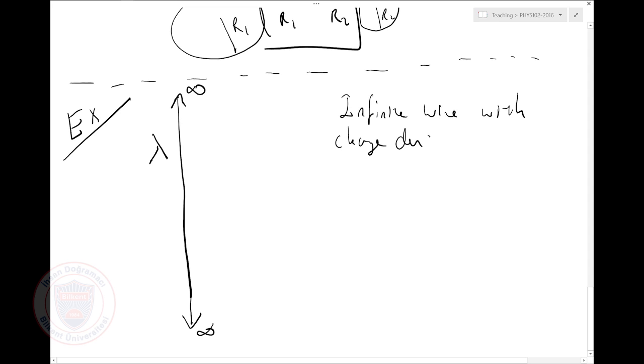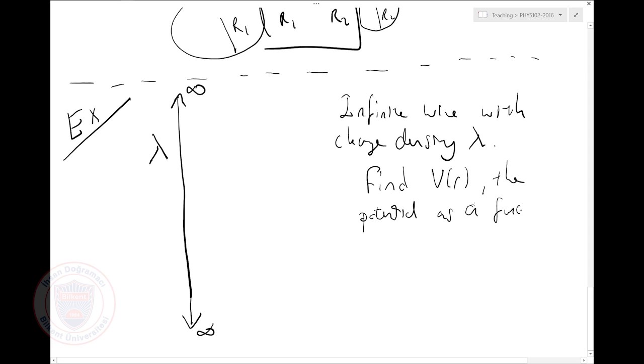Find V of R, the electric potential, as a function of distance from the wire. So if I'm a distance r away, what's the potential here?